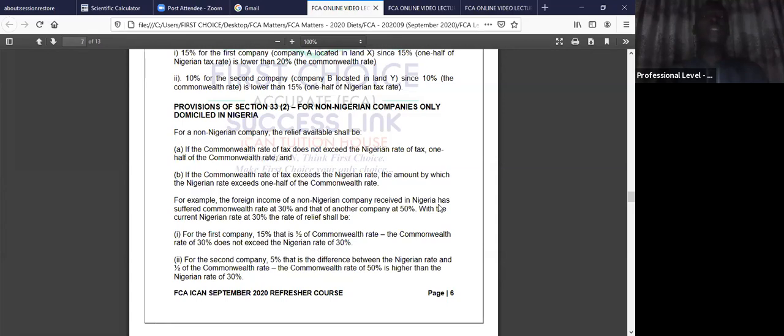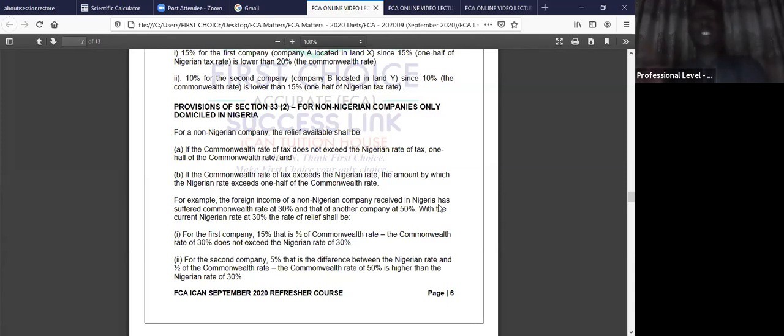You look at the Commonwealth rate of tax that has been charged them, then you look at the Nigerian rate of tax. Then what you will now do is slice the Commonwealth rate of tax by half. Remember, for a Nigerian company, you slice the Nigerian rate of tax by half, but for a foreign company, you slice the Commonwealth rate of tax by half. So you'll be comparing the halved Commonwealth rate with the Nigerian rate.